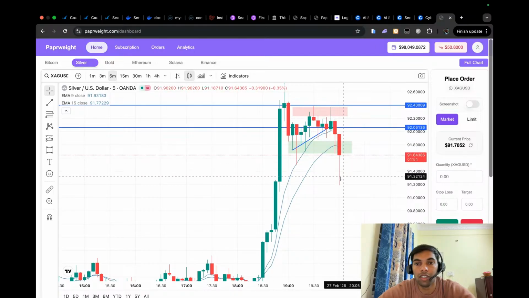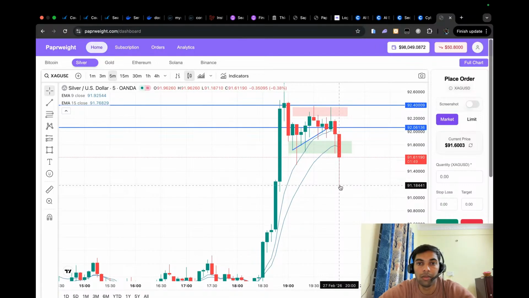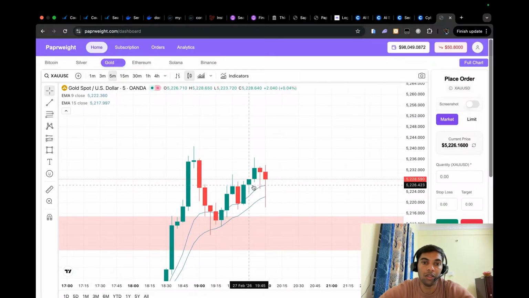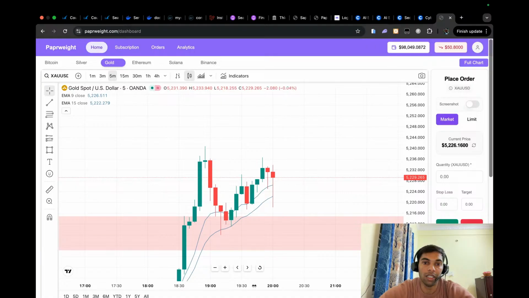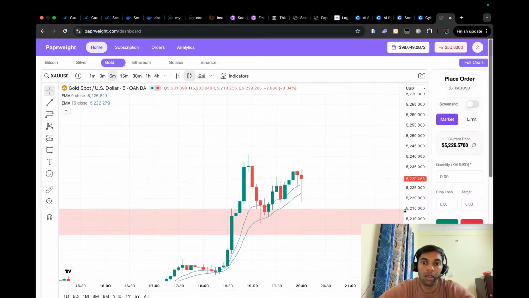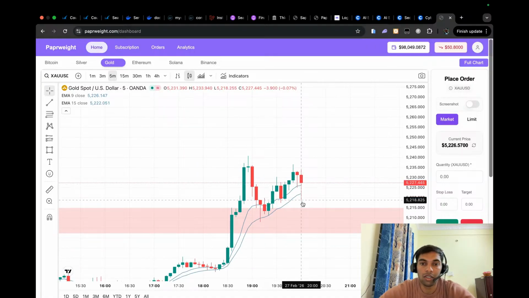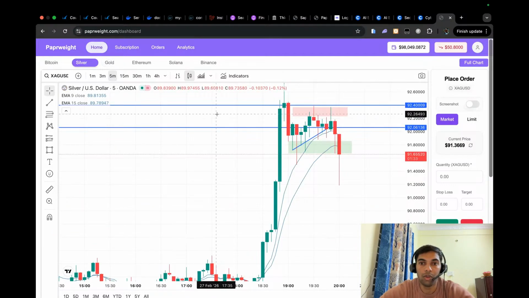Okay, silver took a great rejection from this buying zone. What is gold doing? Gold is also moving in the up direction only, but for some reason it flushed out all these small buyers, and now gold has an opportunity to go in the up direction.